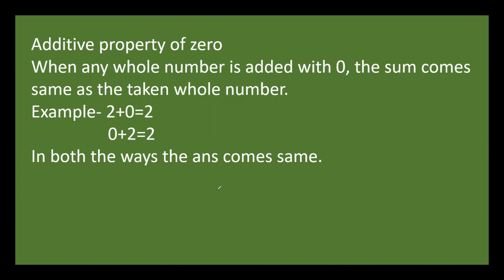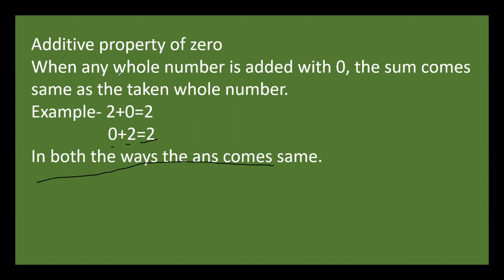So when any whole number is added with 0, the sum comes the same as the taken whole number. For example, 2 plus 0 equals 2, 0 plus 2 equals 2. In both ways the answer comes the same.